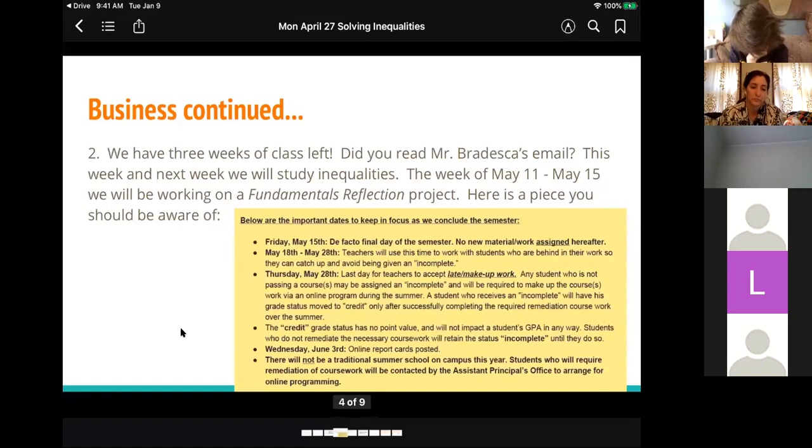All right. For our class, we are going to do a mini unit. It's already a short unit, so we're not really going to miss out on that much. We're going to do a mini unit on inequalities this week and next week.